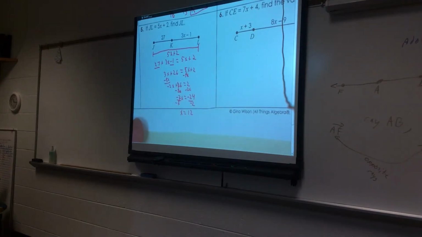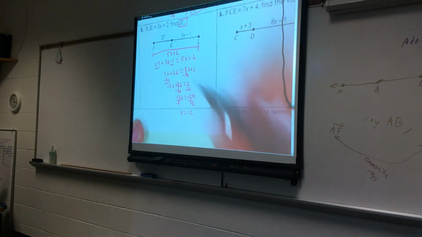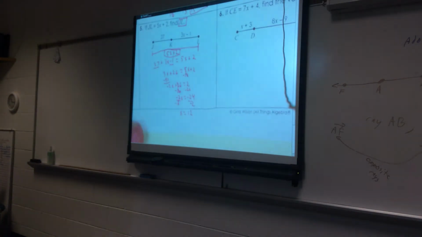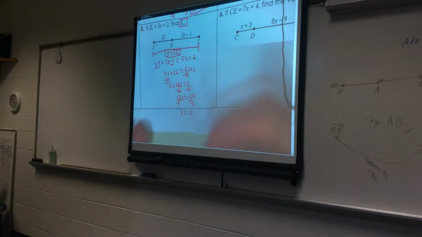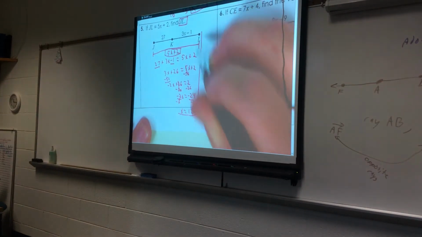Again, for this one, I'm not done because it wants to find JL. This time JL is that 5x plus 2, right? So you always have to go back and make sure you're plugging it into the one that is actually asking you to plug into. You don't just pick a random one.